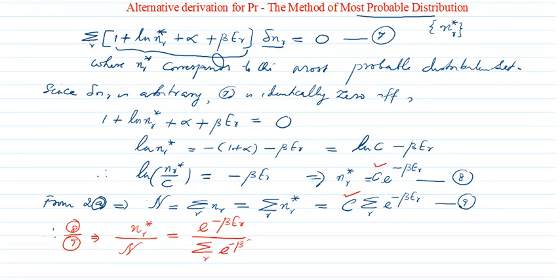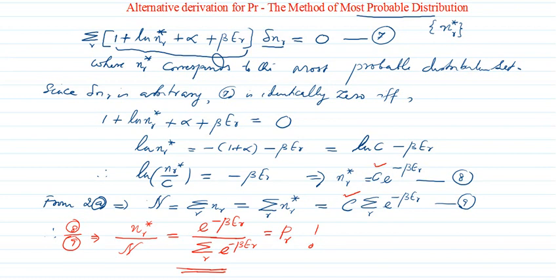I hope you can easily recall this equation from your previous experience, and you will see that this equation is nothing but our PR itself. This is the probability that our given system is found in an energy state er, right?